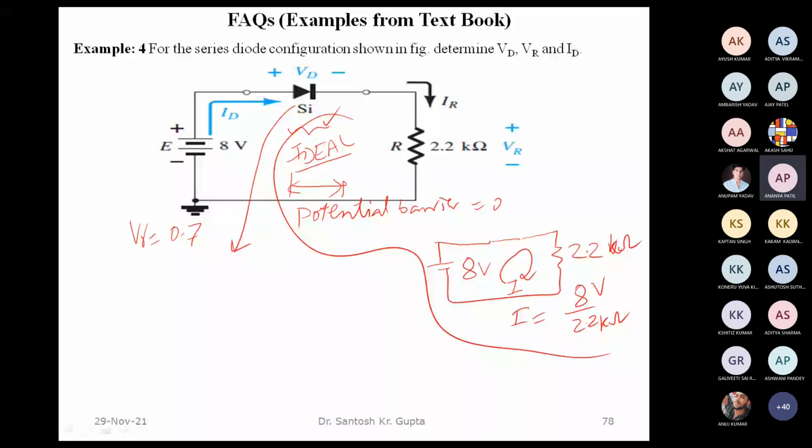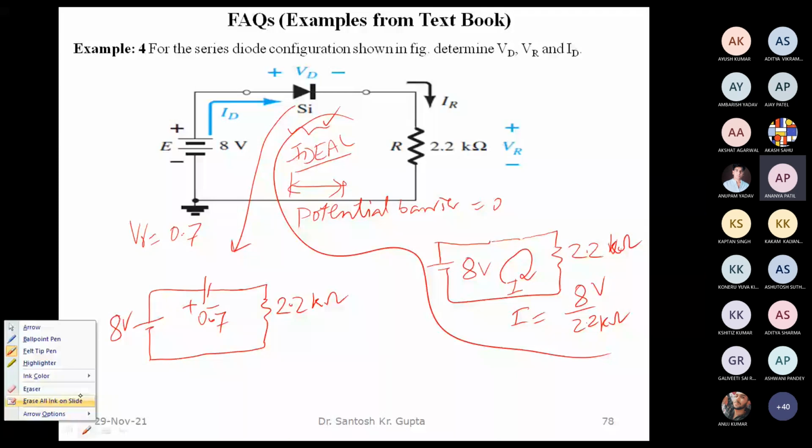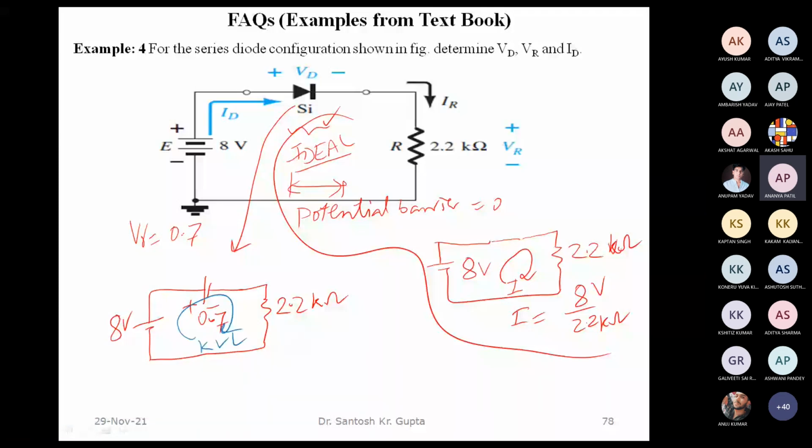To represent this, we show as if there is a potential source inside the diode which is opposing the external voltage source, and the resulting equivalent circuit would look like this here. Now in this circuit again we can apply the KVL equation and find out the current.